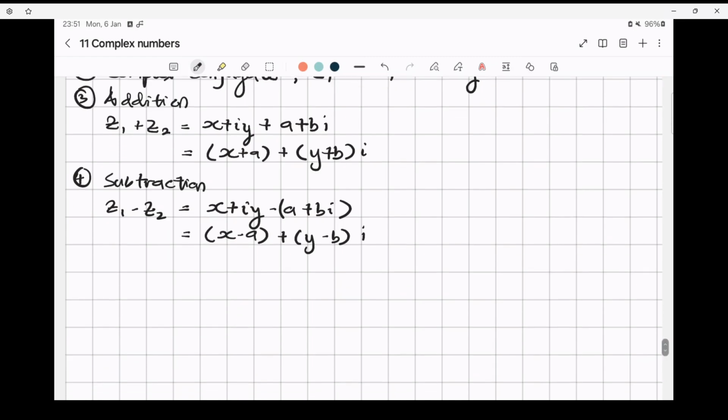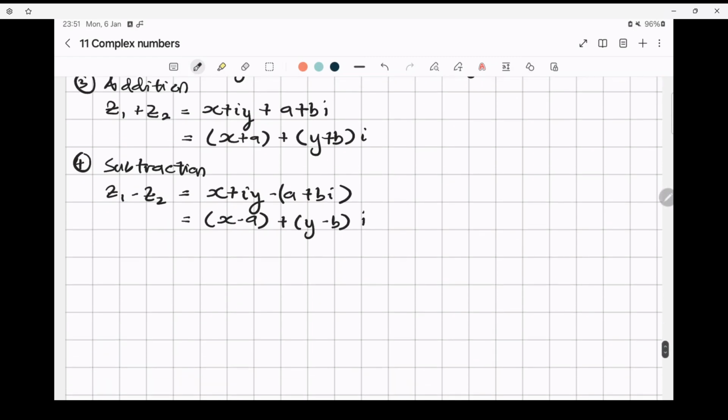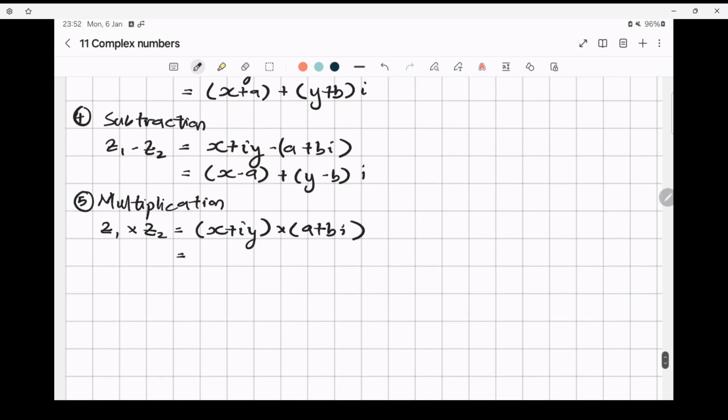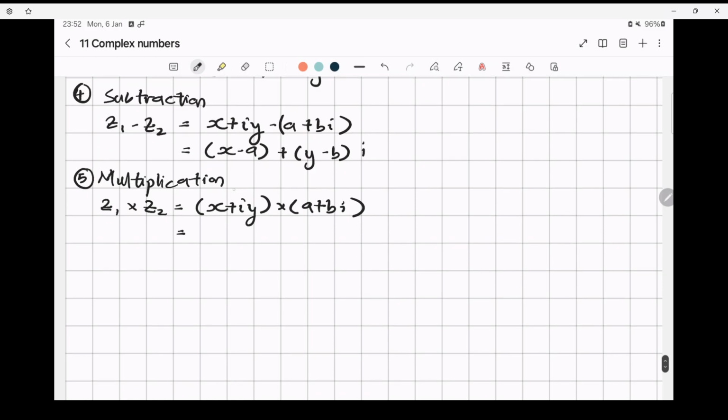So now let's look at multiplication. For multiplication, let's look at z1 multiplied with z2. So you have x plus iy multiplied with a plus bi. So you multiply as usual, x multiplied with a and then x multiplied with bi.